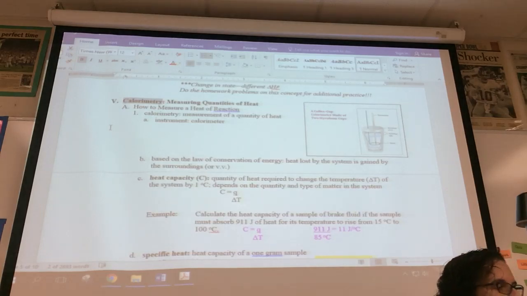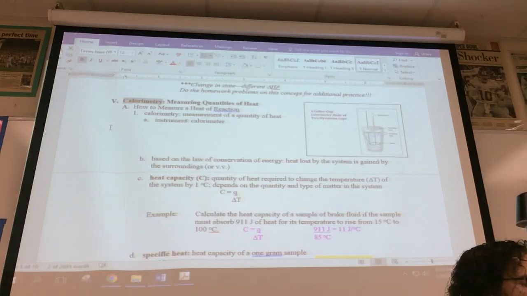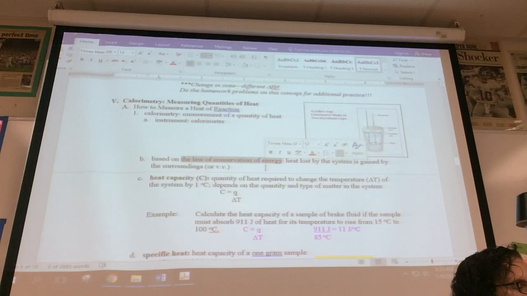You'll be determining heat capacity of your calorimeters to get the lab going before you look at reagents that would be most effective in hand warmer design. We already know that the law of conservation of energy says that any heat lost by the system is gained by the surroundings, or vice versa, depending on whether it's exo or endothermic.